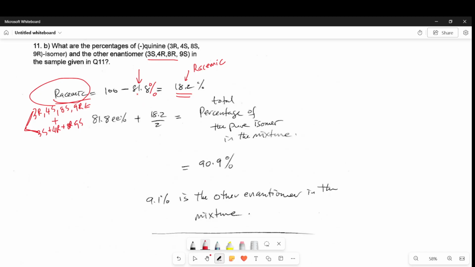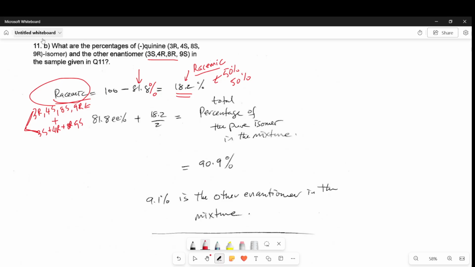But the enantiomerically pure one is synthesized at 81.8. That means you just subtract 100 minus 81.8. The racemic is this too. But the racemic, you should remember, is 50% desired and 50% undesired. So still the desired one has some mixed within the racemic.